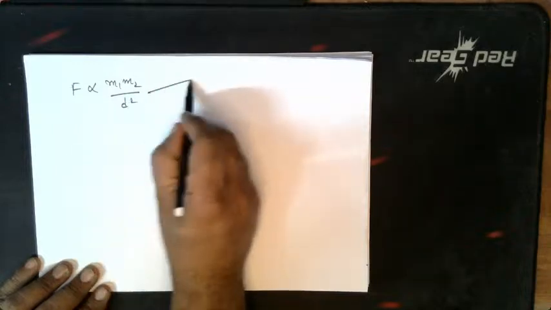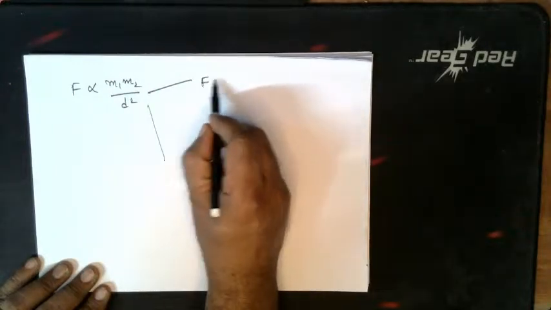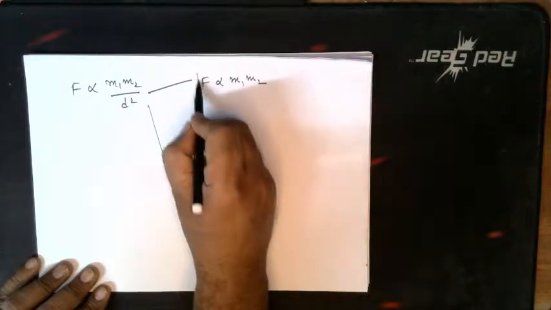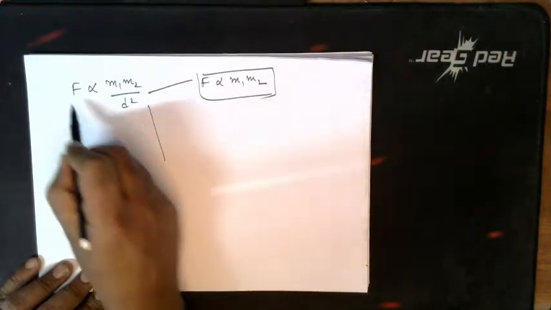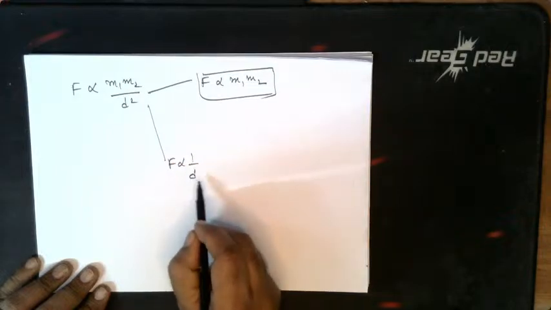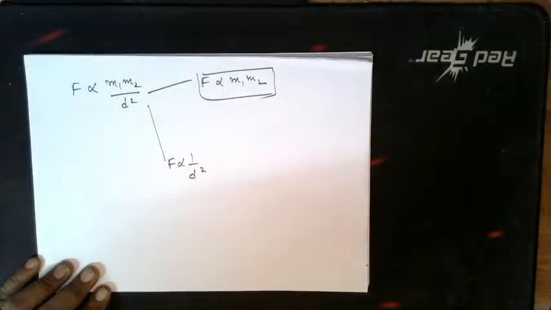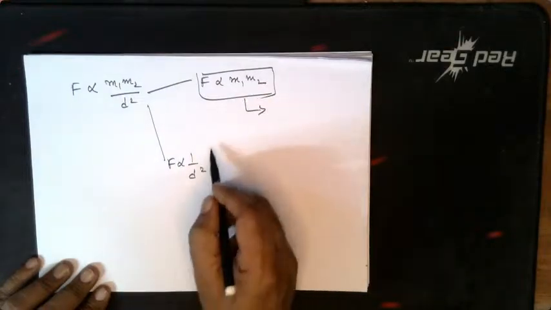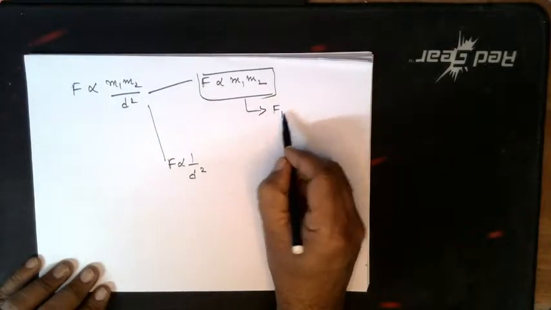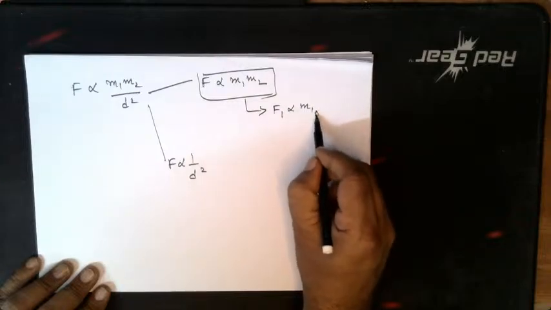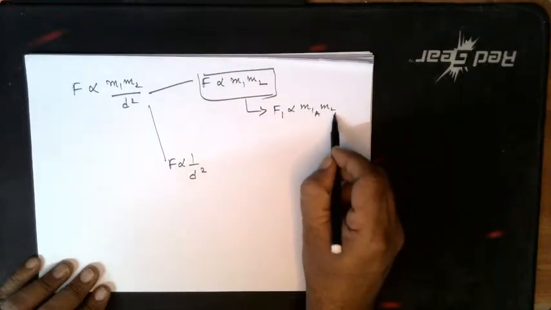Now you can split this into 2. F is proportional to M1 M2. You can maintain this alone. Similarly, in this case, inverse proportionality only, other being constant, is it not? Now what you can say is FA is proportional to M1A, M2A.